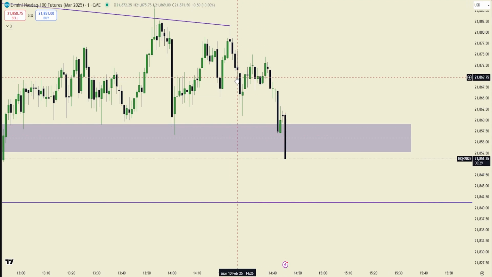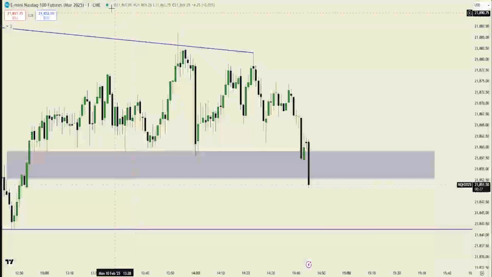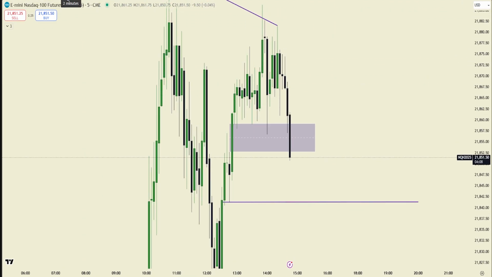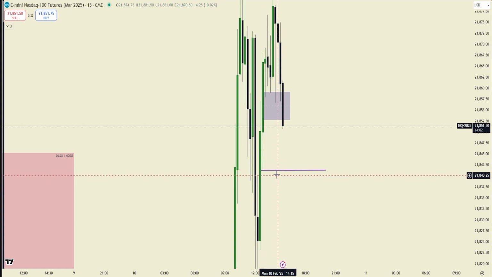Not really any sign of reversal here. So it looks like we might be coming down for this 15-minute.